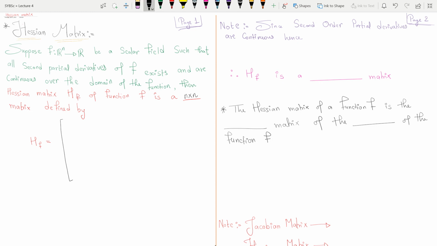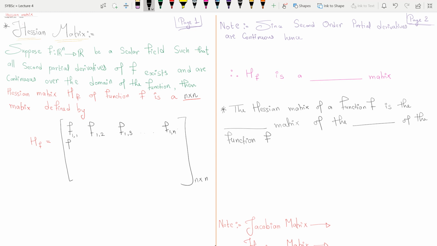Okay, so it is defined by this. It is an n cross n matrix. The first row will be: my scalar field f differentiated with respect to 1 and again with respect to 1, then f with respect to 1 and then 2, with respect to 1 and then 3, and so on till f with respect to 1 and then n.